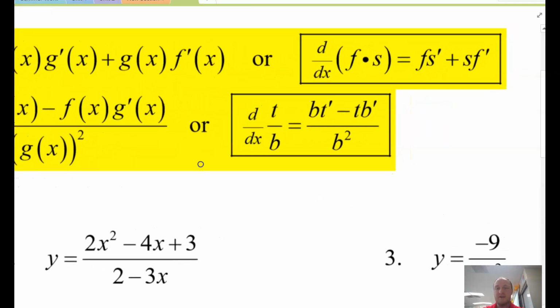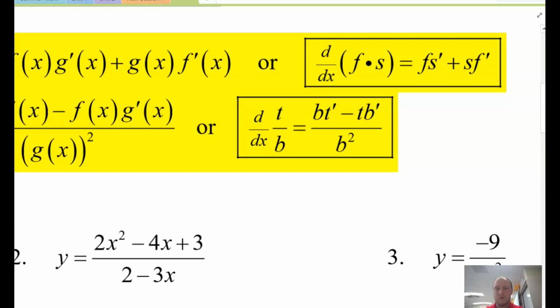Here is the shorter version of this. It says the derivative of the top divided by the bottom is the bottom times the derivative of the top minus the top times the derivative of the bottom, divided by the bottom squared.